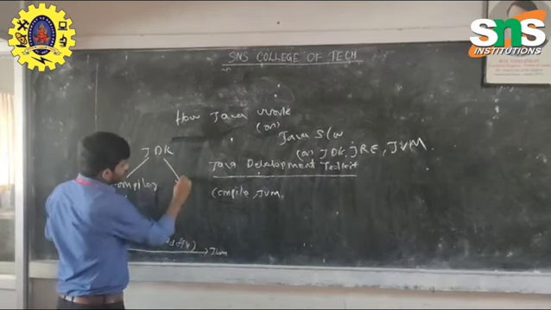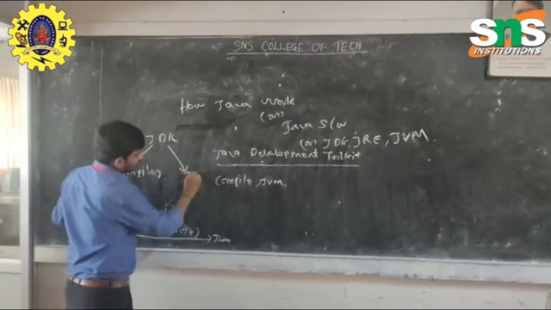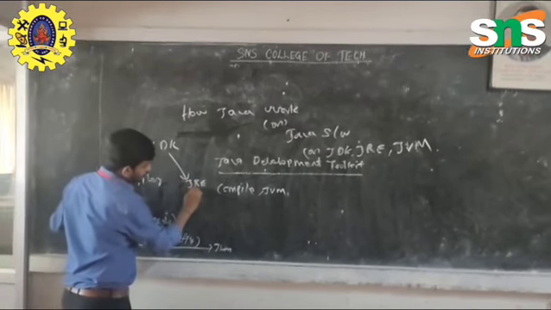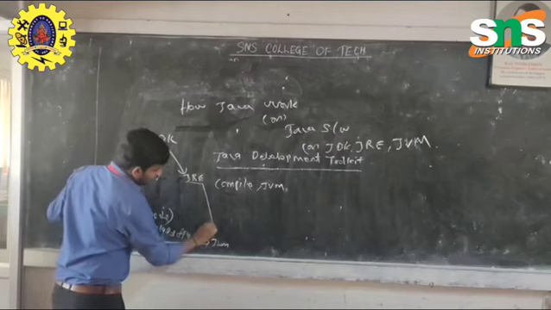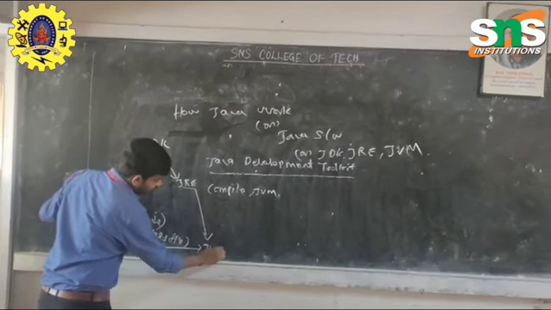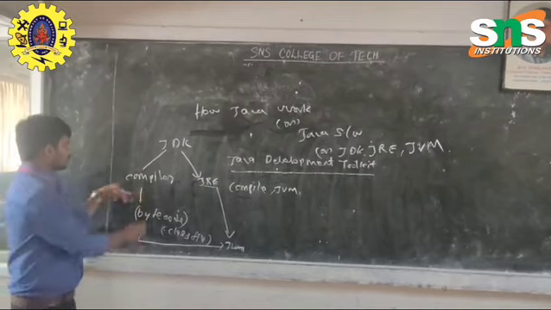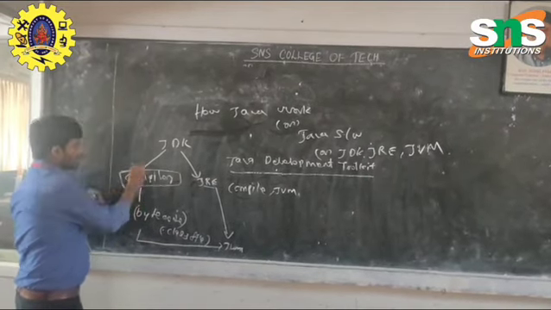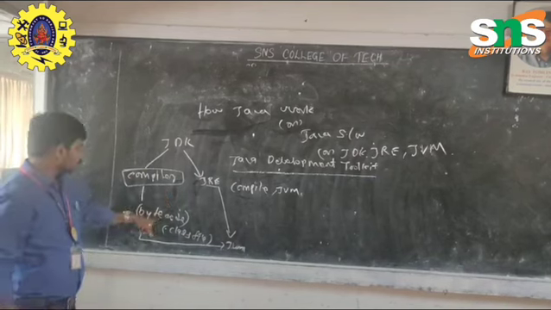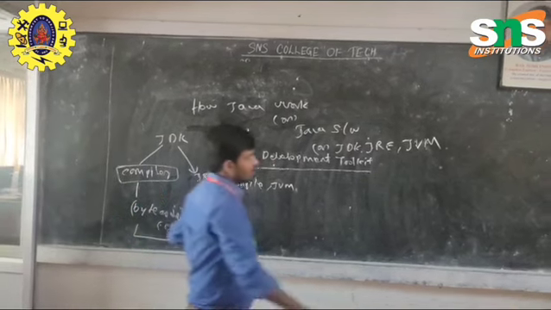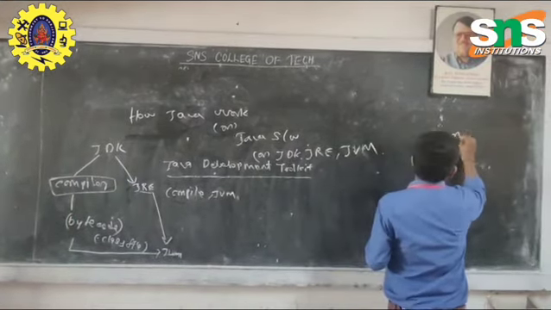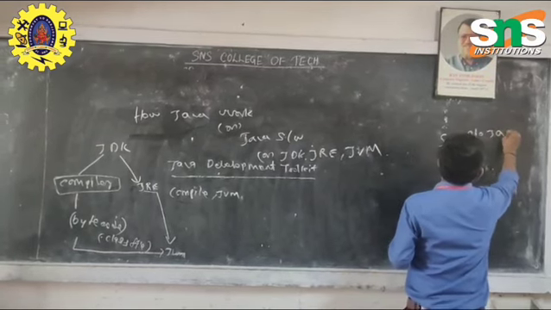So the JDK also contains JRE, it is called the Java Virtual Machine, and it will translate to the JVM. So the JDK will give the input to the compiler. The compiler translates the high level language to the bytecode. So the bytecode is the class file. It means suppose we have sample.java.